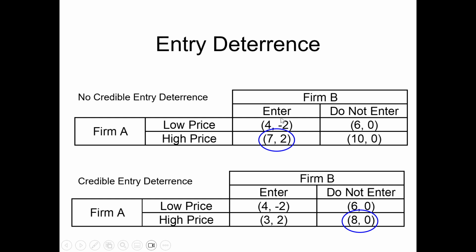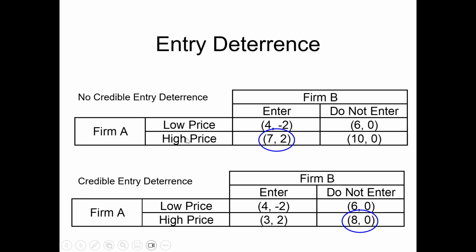So we go for a -2 option, because firm A is already selling goods at a lesser price, so the customers will not move to a new product. Firm B will get -2 here, the first one. Even if firm A has a low price and firm B does not enter, they will have a 0, because they are not even entering the market.